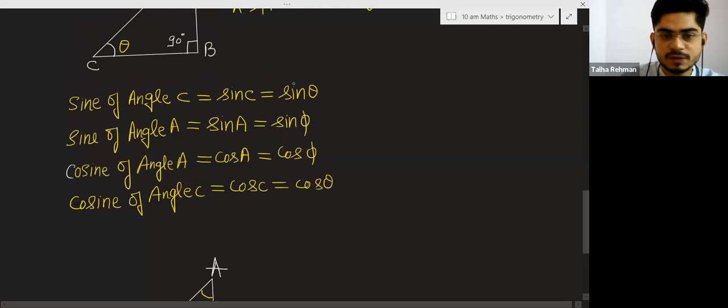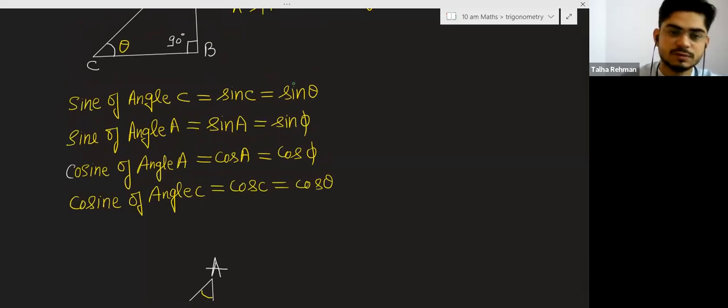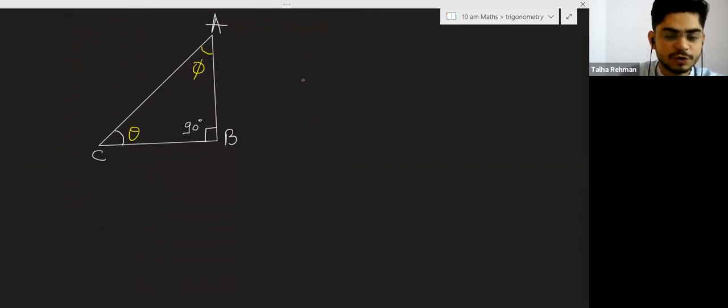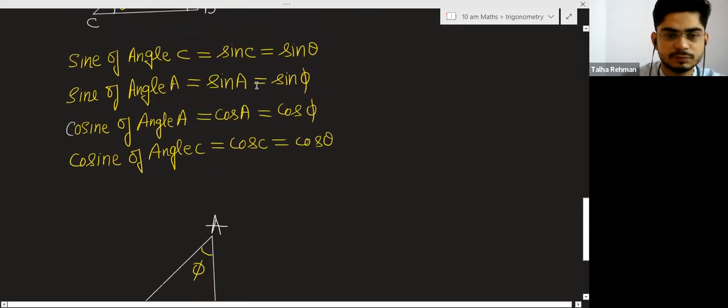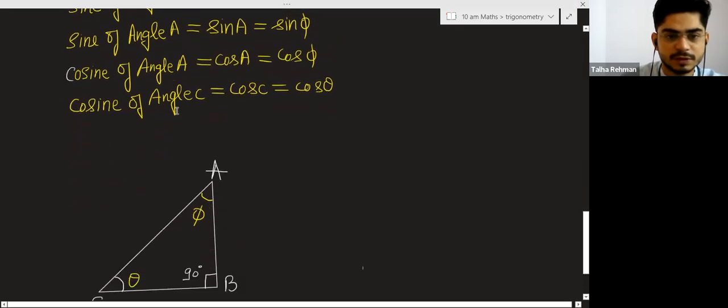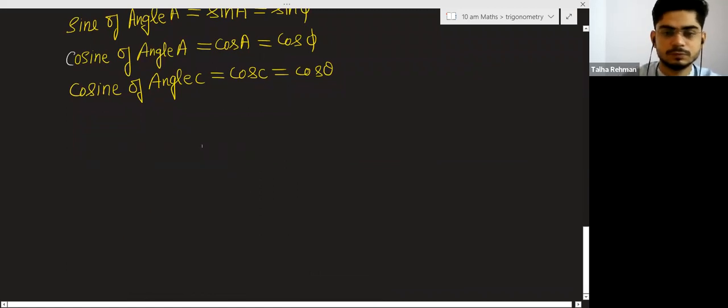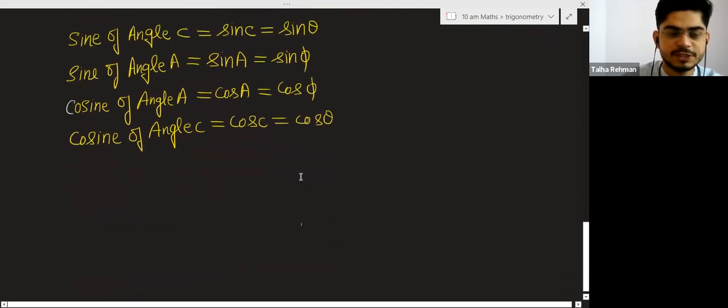You have to remember this sine and cos. So I am writing a few more terms here. Actually, it is better to write this here. There is one more term, tangent.